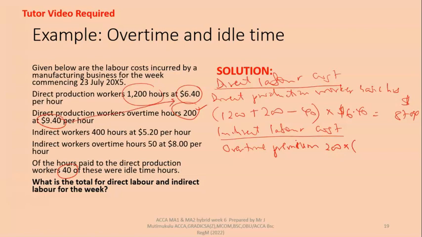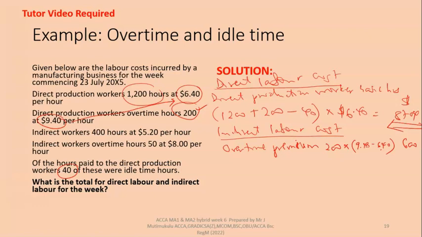So the premium is $9.40 minus $6.40, that's $3. So 200 multiplied by $3, that's 600. So we are now at indirect labor costs, and we get 600 there.